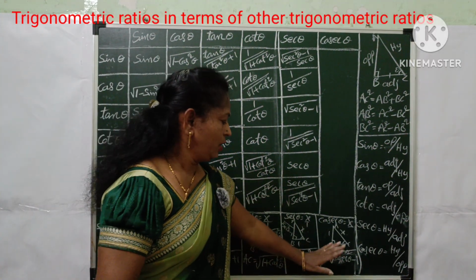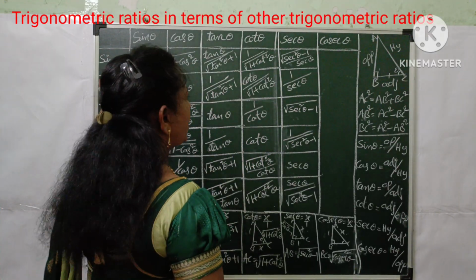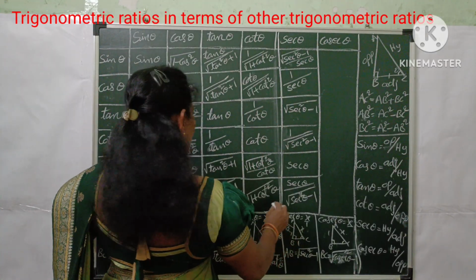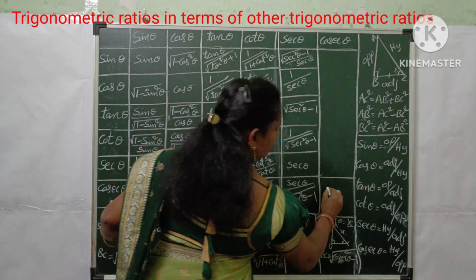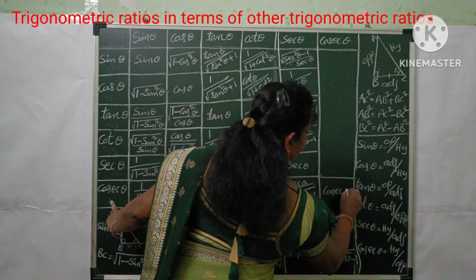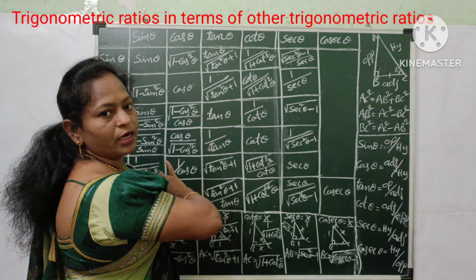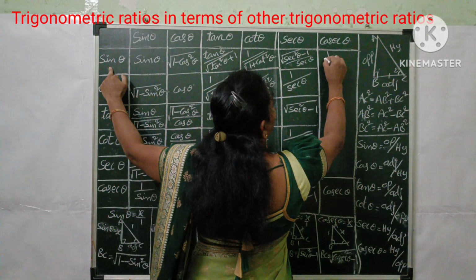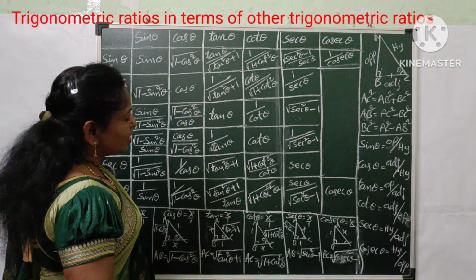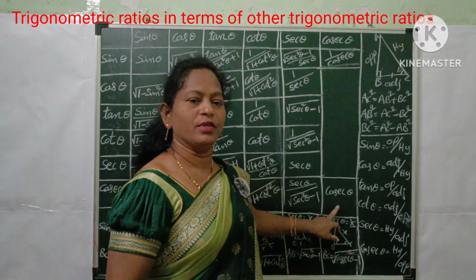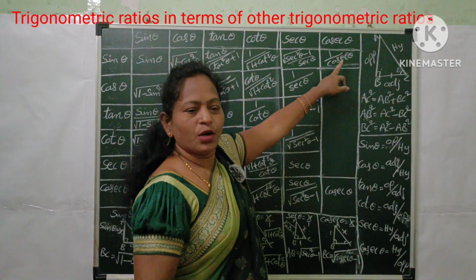Okay, now carefully, how to write the remaining ratios. See, cosecant in terms of cosecant only. Sin theta means it is a reciprocal of cosecant, means 1 by cosecant.